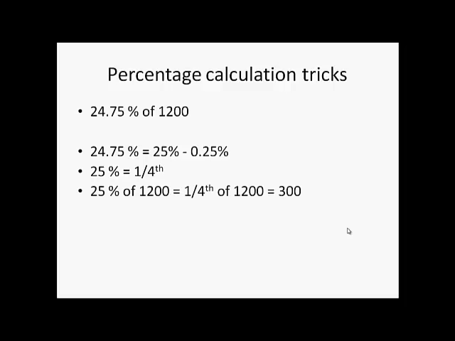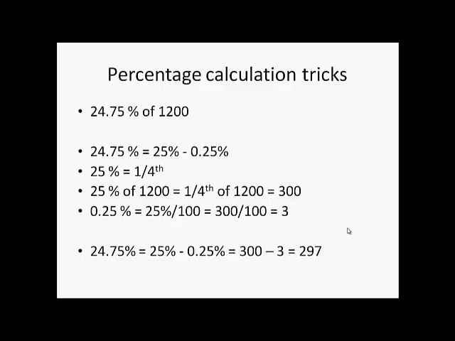So 25% of 1200 is 1/4 of 1200, which is 300. 0.25% is nothing but 25% divided by 100, which is 300 divided by 100, which is equal to 3. So 24.75% is 25% minus 0.25%, which is 300 minus 3, which is 297.